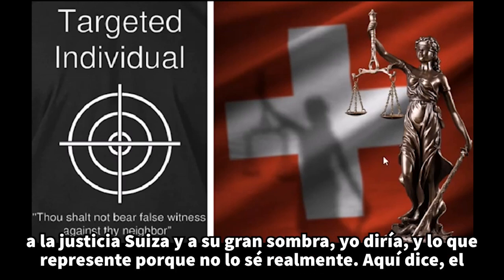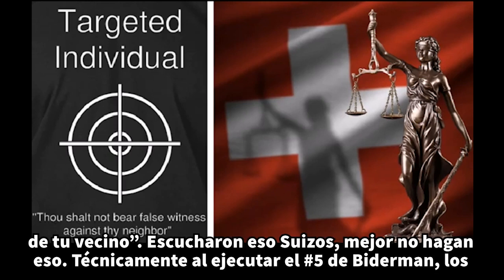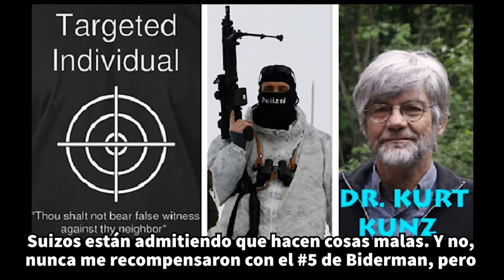So here you see the Swissy justice and its huge shadow, I would say. And whatever it stands for, I don't really know. Here it says targeted individual. And here it says, thou shalt not bear false witness against thy neighbor. Now you hear that, Swissy? You better not do this. So technically, by executing the Biderman number 5, the Swissies would admit their evil wrongdoings.